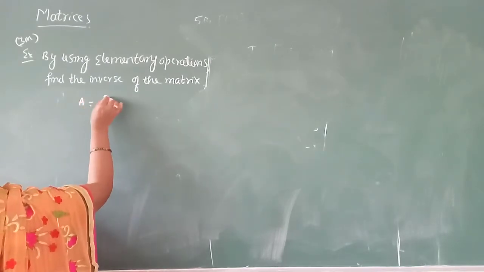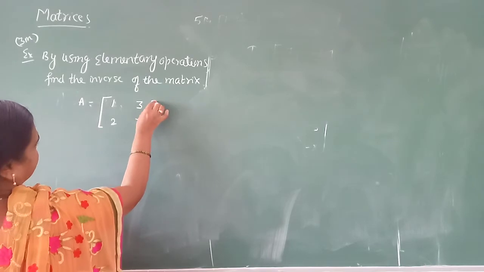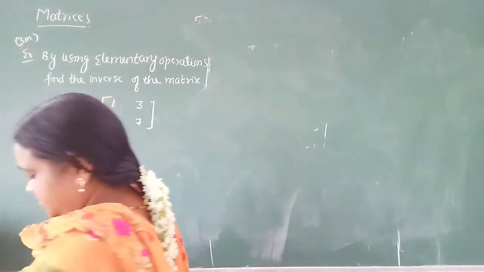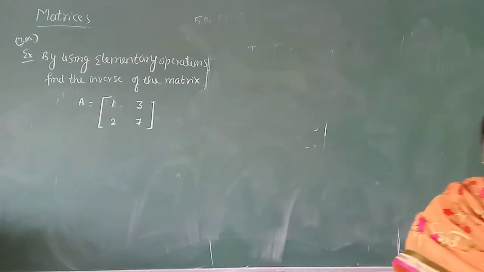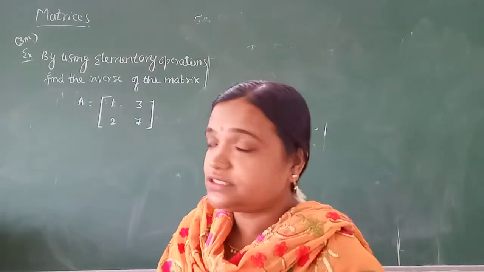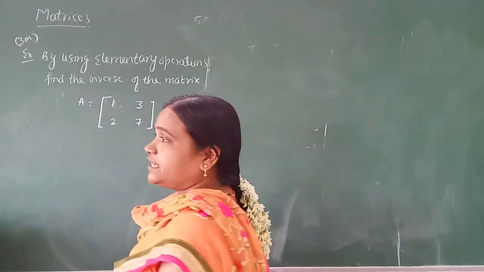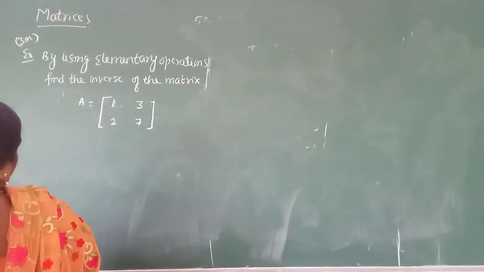Matrix A is 1 3 2 7. Remember that using elementary row transformation of a matrix, find the inverse, purely for 3 marks, and they will give an example purely of order 2 cross 2.